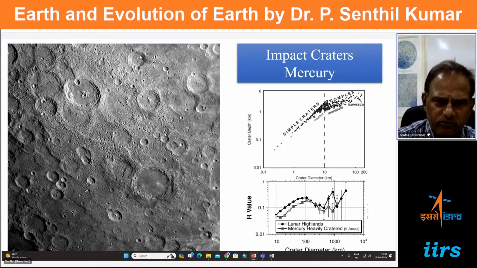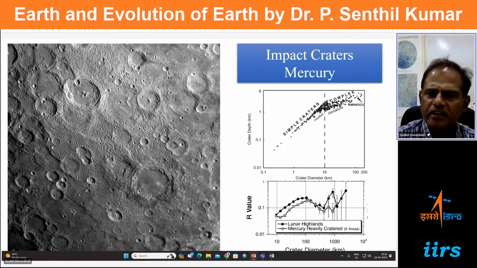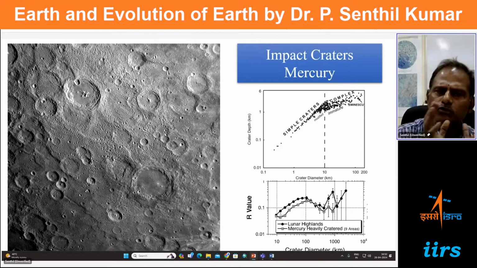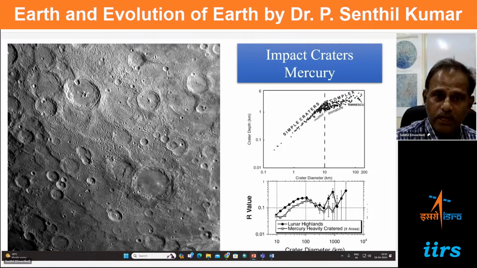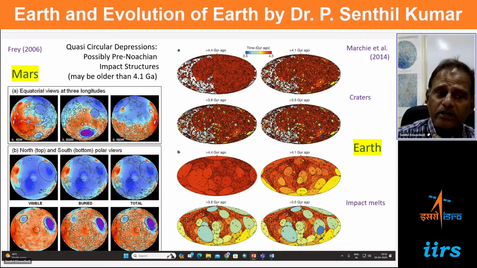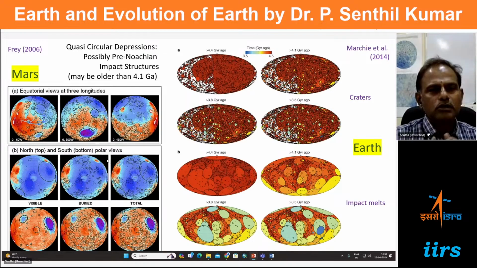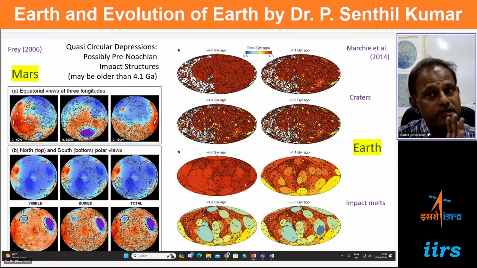You look at the surface of Mercury, you have hundreds of impact craters, and the population density of these Mercurian craters is very similar to the Moon. So the population of asteroids that produced craters on Mercury and those on the Moon are one and the same. And the same thing also happened on Mars. Therefore, similar impacts should have also happened on Earth.